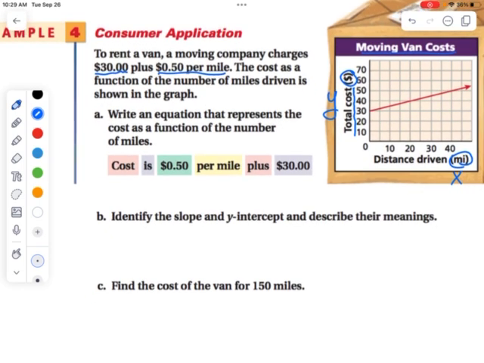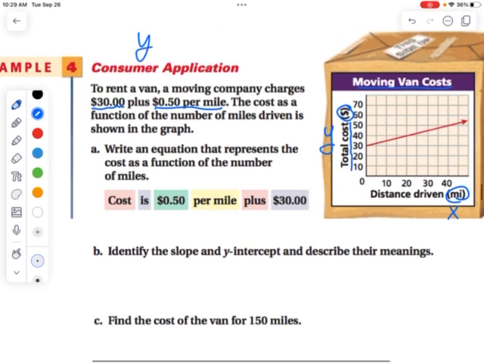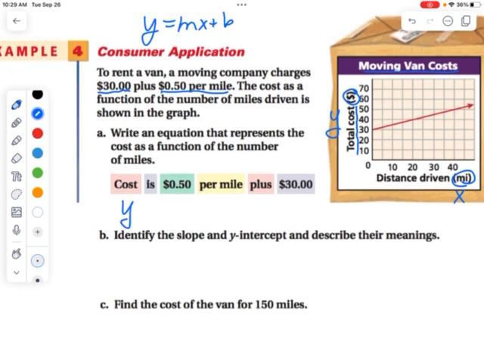All right, so my cost, again, is Y, and it's going to be in slope-intercept form. Cost is 50 cents per mile plus the $30 initial fee. So 50 cents, or 0.50 per mile, X is represented by miles, plus $30.